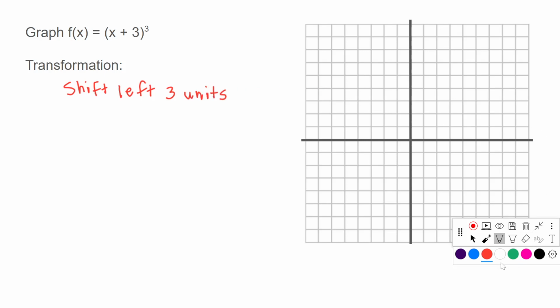So again, if you wanted to draw in that imaginary axis 3 units to the left, just make yourself a dashed line so that you can see your new reference point for 0, 0. It's where this dashed line intersects the x-axis. So this is my new 0, 0.